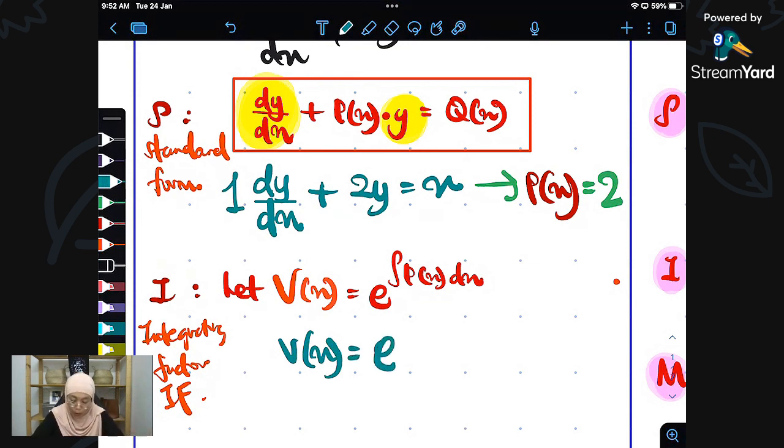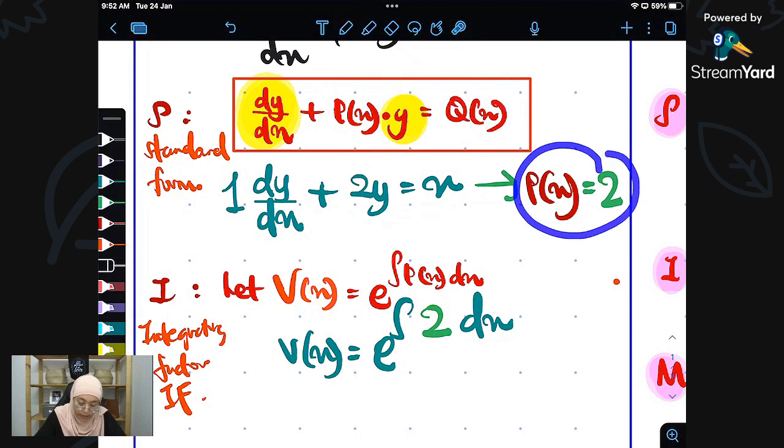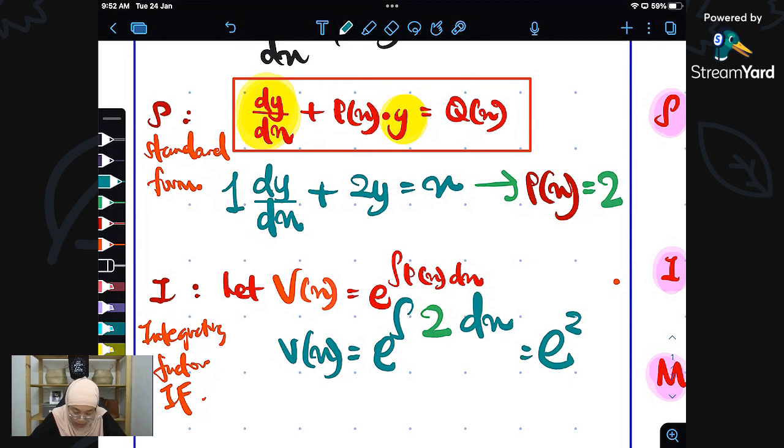You are integrating the constant function that you have here, in this case the function p. You bring your p inside this integral, and then you will get the answer, which is exponent 2x.